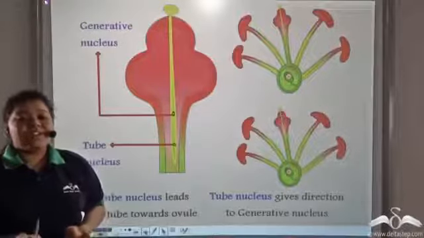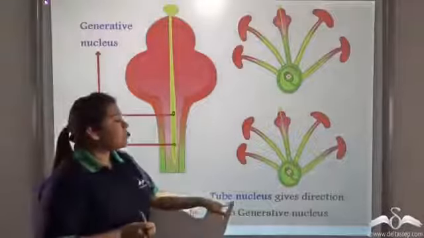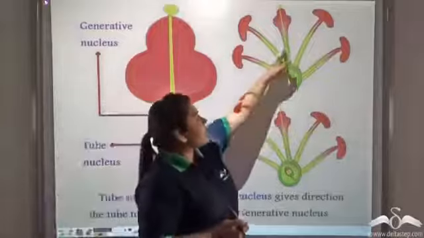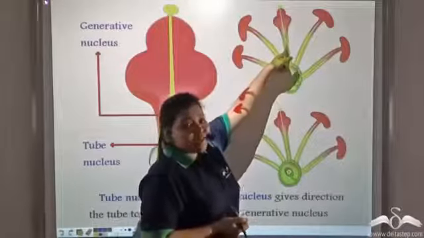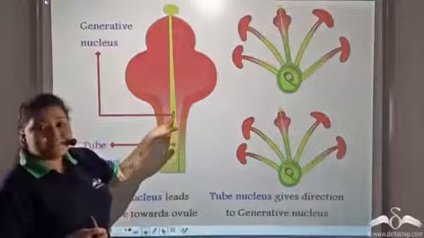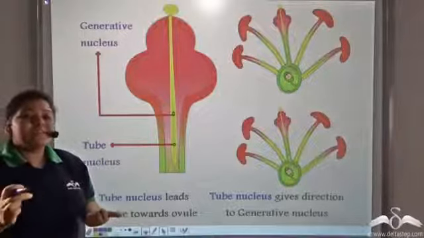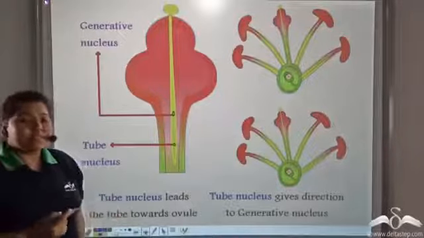Another function of the tube nucleus is that it gives direction to the generative nucleus. This is the tube nucleus, and this is the generative nucleus. So it gives direction to the generative nucleus towards the ovule.